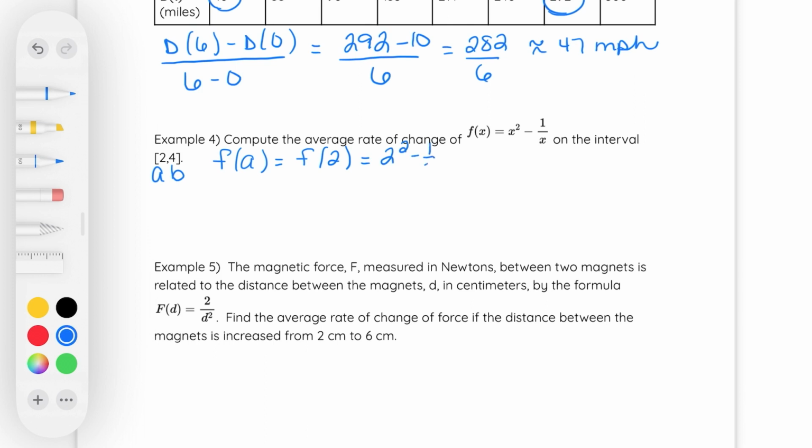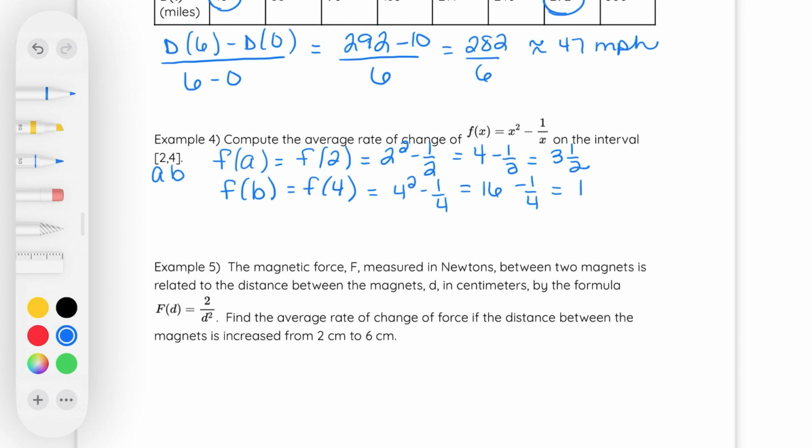So 2 squared minus 1/2 is 4 minus half, or 3.5. And then f of b is f of 4, which is 4 squared minus 1/4, or 16 minus 1/4, which I know is 15 3/4.